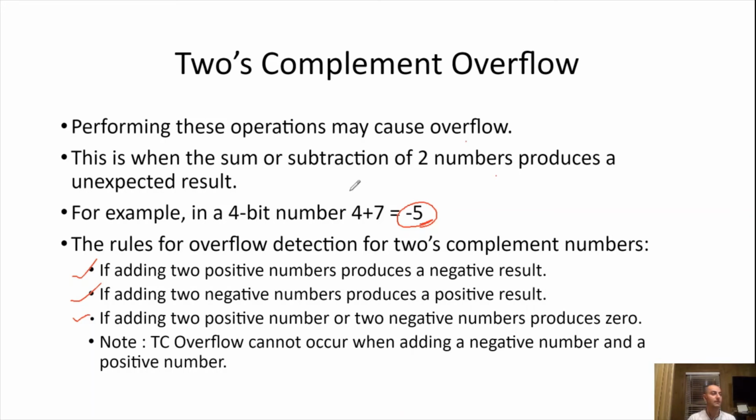And this is very obvious when you add the numbers. Look, for example, if you have two negative numbers, so 1 0 0 and 1 0 1, and we are talking about two's complement here. So what is this one? 1 0 0, that is a negative number.